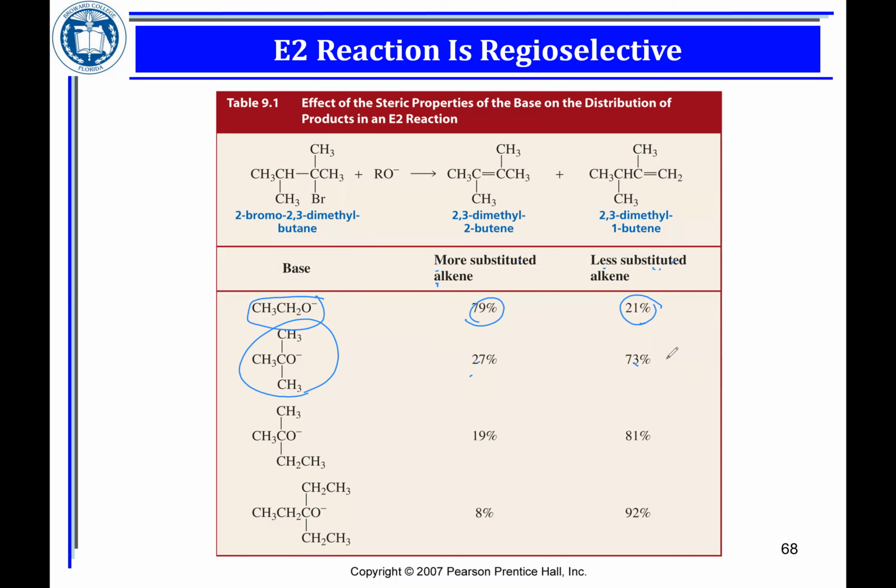The bulkier the base is, the lower the percentage of the Zaitsev product, and instead you would get a Hofmann product. The Hofmann product is coming from the most accessible hydrogen. Like in this case, these hydrogens are more accessible, but this hydrogen is more substituted, right? More accessible is going to be favored by a bulky base.